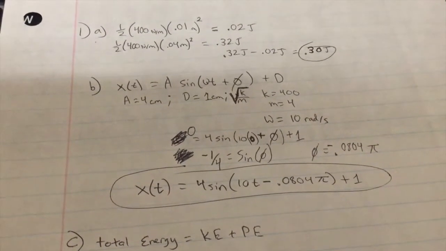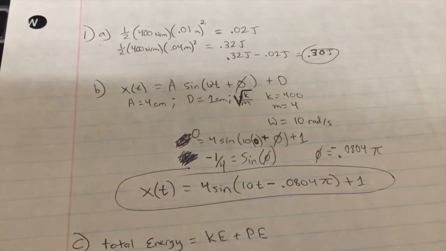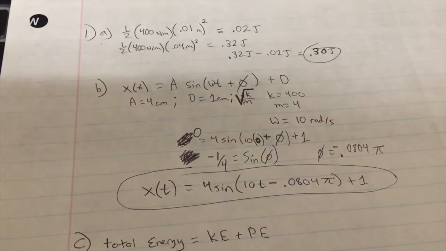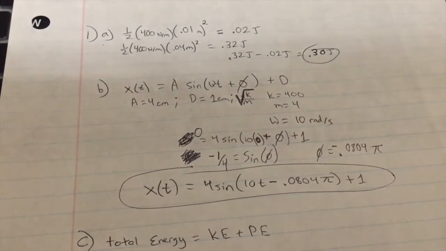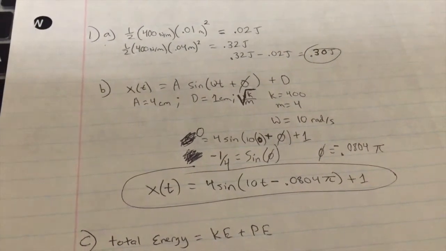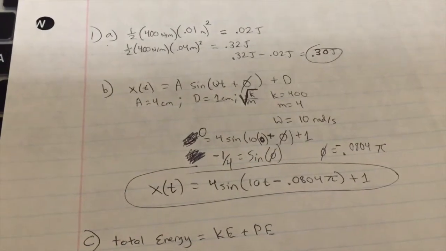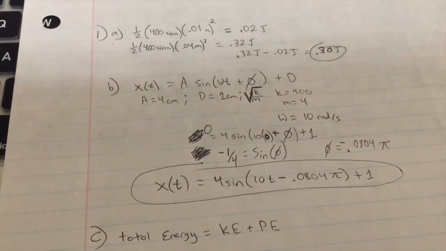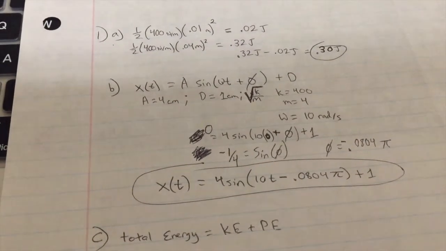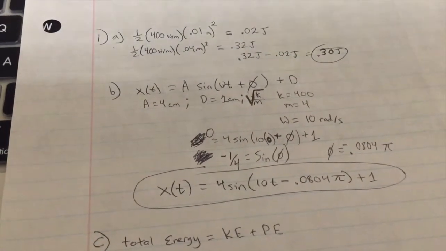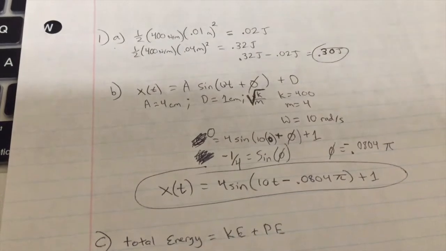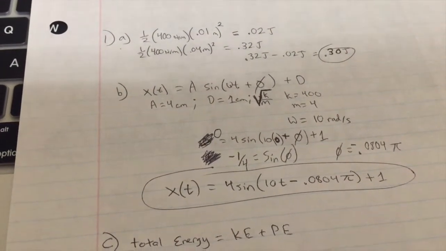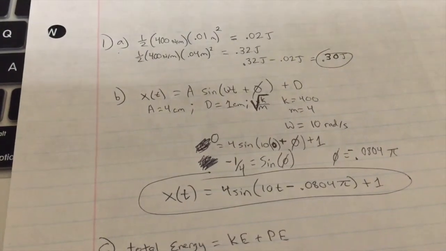We know that D, the offset, is equal to 1 since the equilibrium is at 1 centimeter. And then in order to find omega, we take the square root of k divided by m. K is the spring constant and m is the mass of the block. So k equals 400, m equals 4. So root 400 over 4 is equal to 10, and that's in units of radians per second.